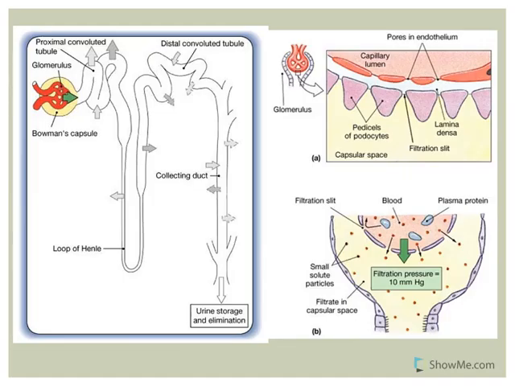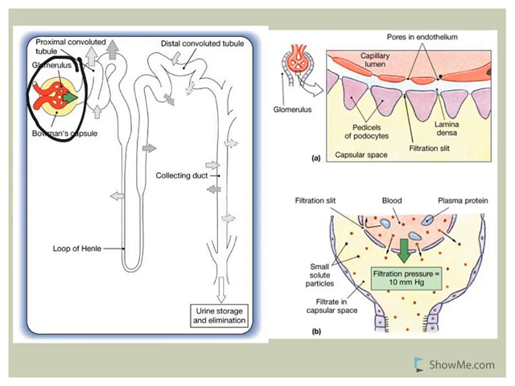Now, as I mentioned previously, the process of glomerular filtration occurs exclusively in the renal corpuscle. That renal corpuscle includes Bowman's capsule and the glomerulus. Filtration involves passage of materials from the glomerulus through these pores.